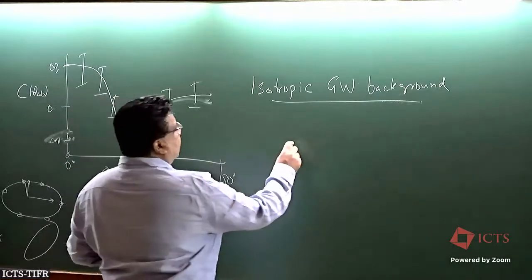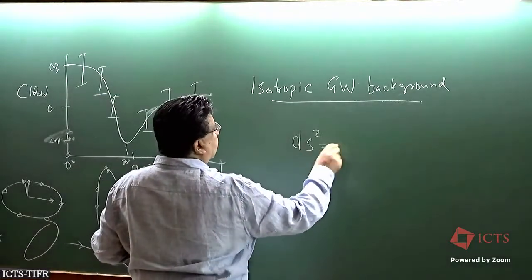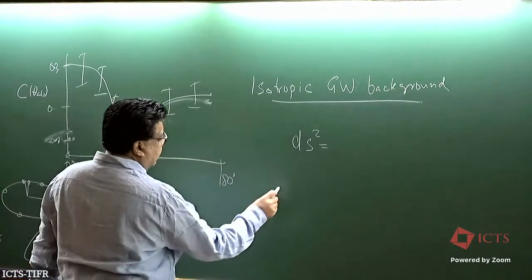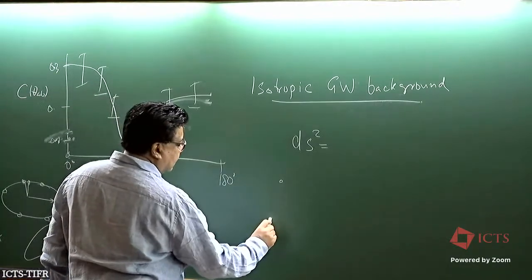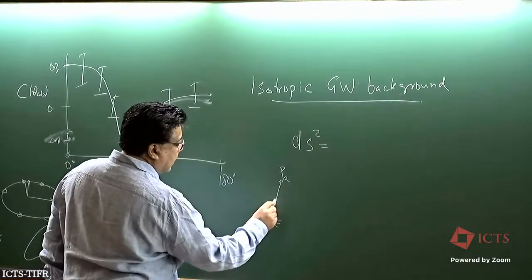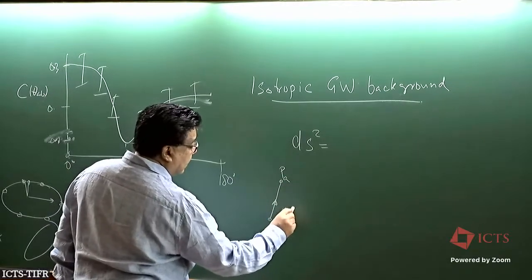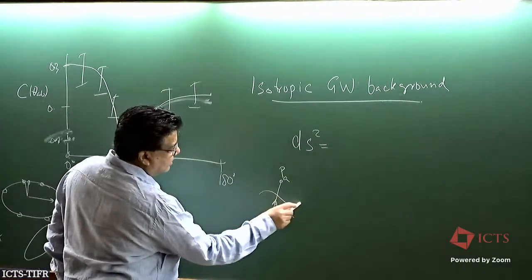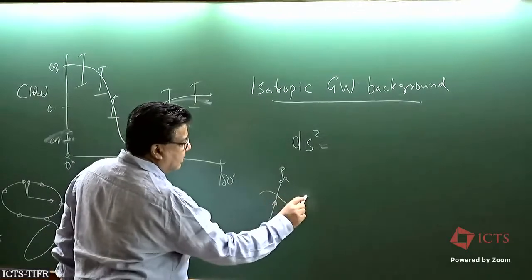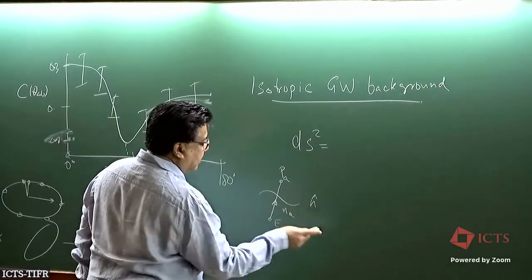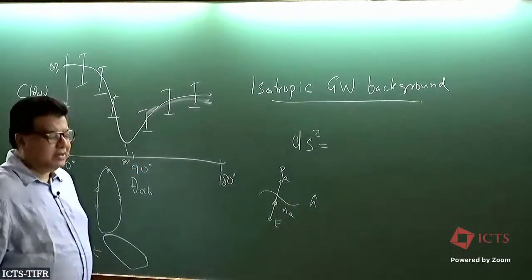So I'll start with, the picture is that we have Earth here, pulsar A here, and this is at a direction n_A, and here we have some gravitational waves passing, and they are in the direction n with some frequency f.